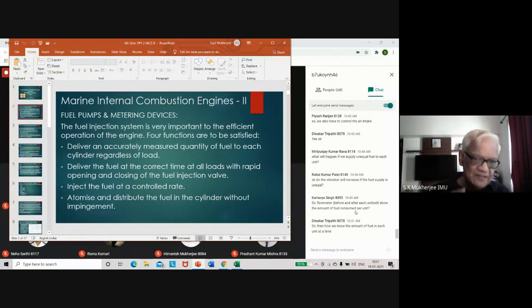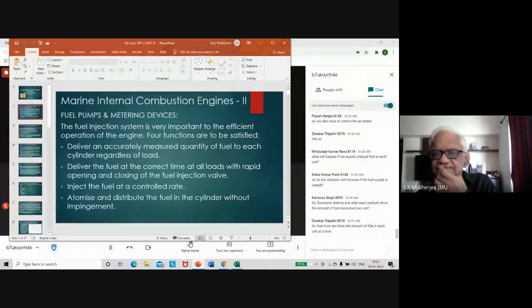It so happens that at some time the fuel rack gets stuck. It gets stuck at 40 when it is supposed to be at 60. Then immediately you have to put a little lube oil, free up the rack and ensure that the fuel rack has come up to 60 to give the correct quantity of fuel. For that, we need to study the constructional detail of the fuel pump, which we will do today.